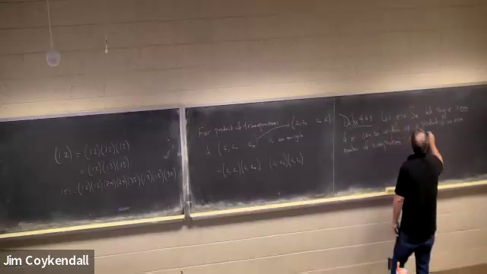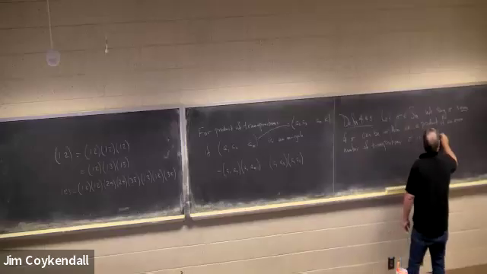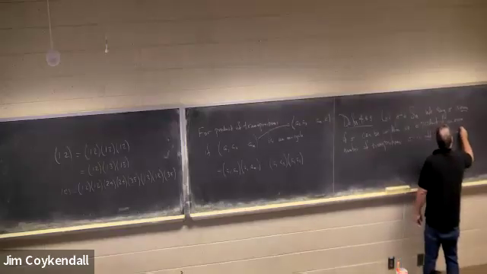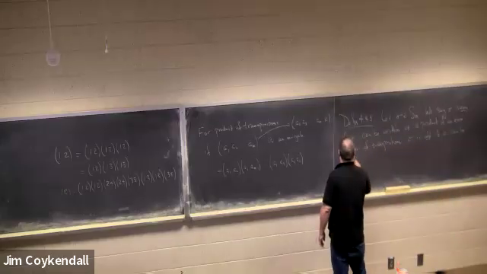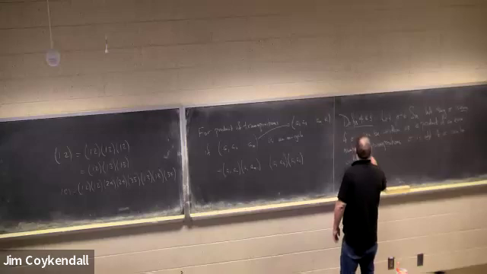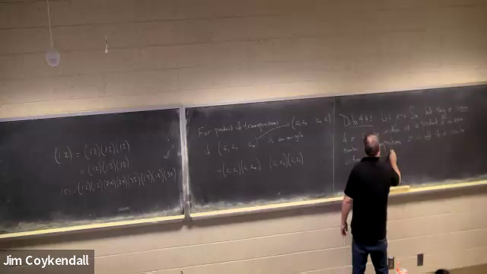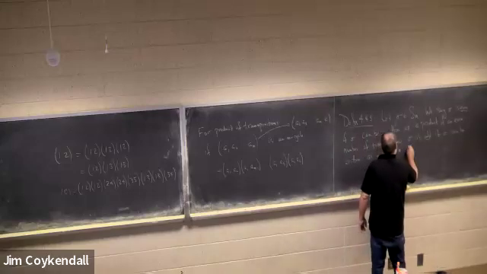Sigma is odd if sigma can be written as an odd number of transpositions.